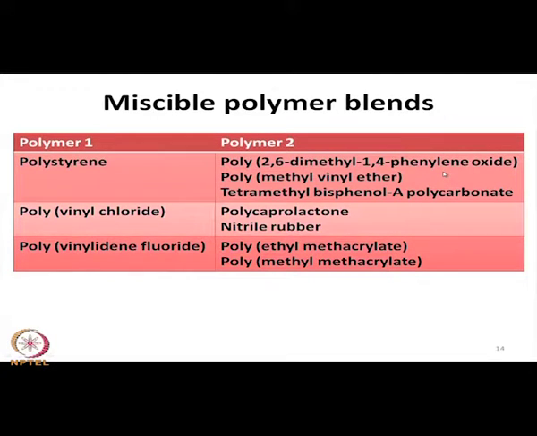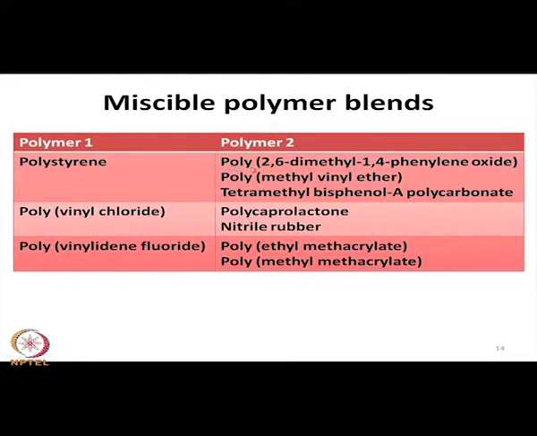Let us look into, after having this miscibility criteria, the successful polymer blends, say a blend of polymer 1 with polymer 2. Say if polymer 1 is polystyrene, then what could be the second component polymer?